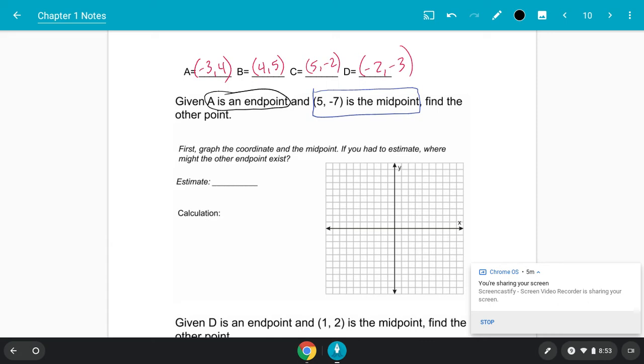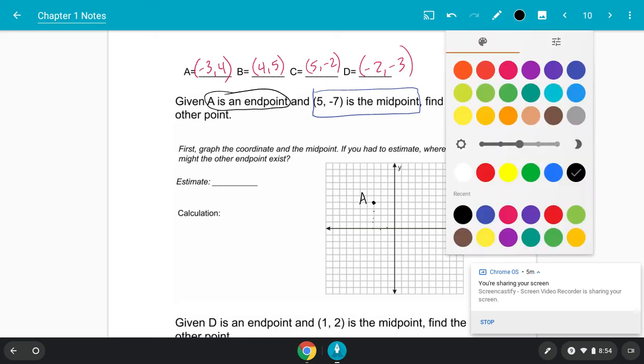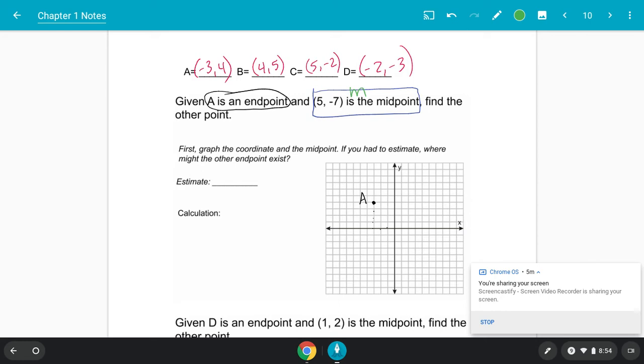So A is -3, 1, 2, 3, and then 4, 1, 2, 3, 4. So that's A. And then the midpoint, which I'm just going to call M for now, lowercase m for midpoint, is 5, -7. So 1, 2, 3, 4, 5. 1, 2, 3, 4, 5, 6, 7.